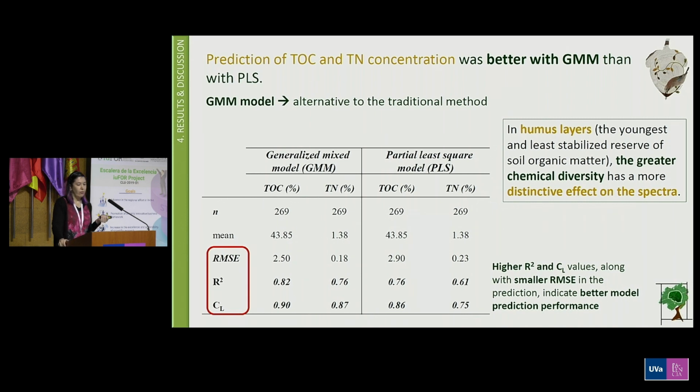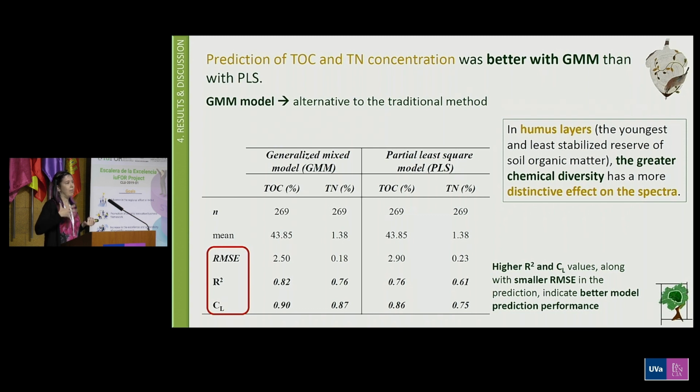So, what we found, predictions of the total organic carbon and total nitrogen concentration in the litter samples was better with the generalized mixed model than with the PLS. This could be because we think that usually in these works people use PLS because when this type of works started, the other statistical techniques that are more robust or can use other type of data were not very common.